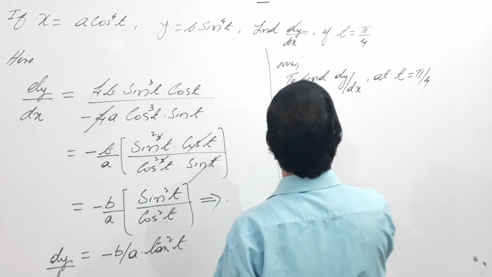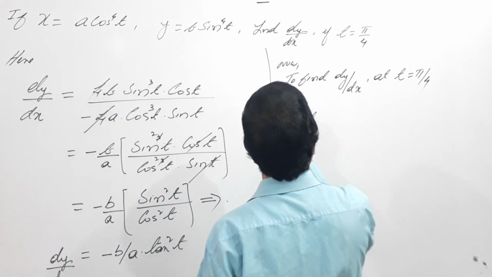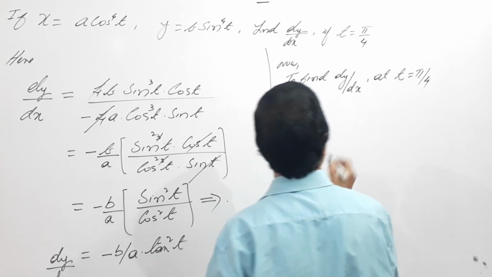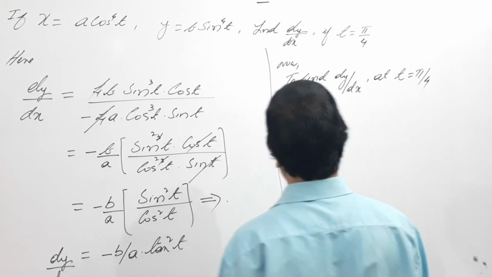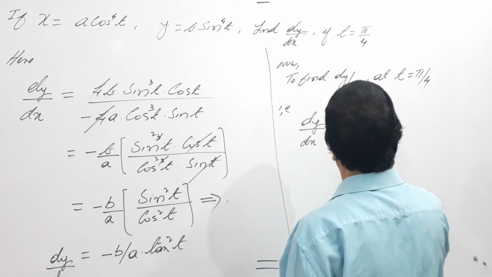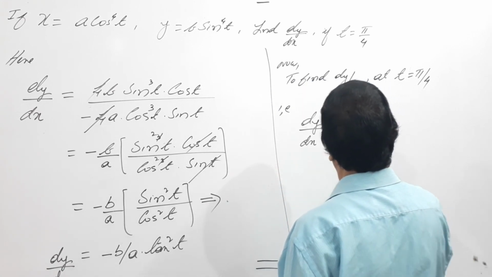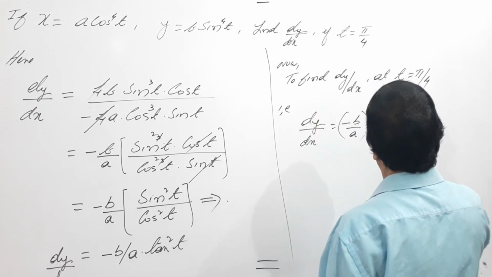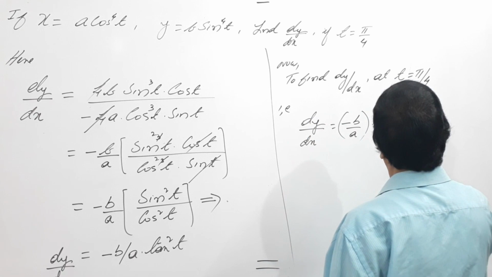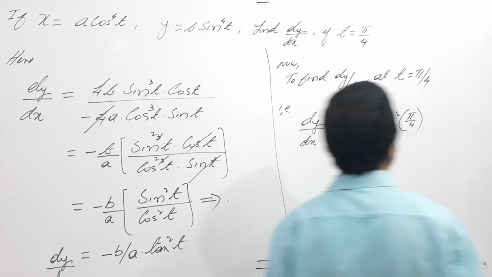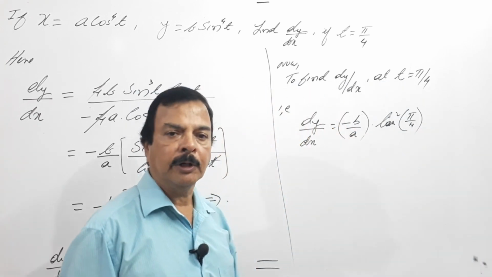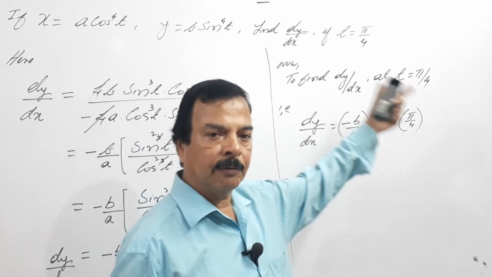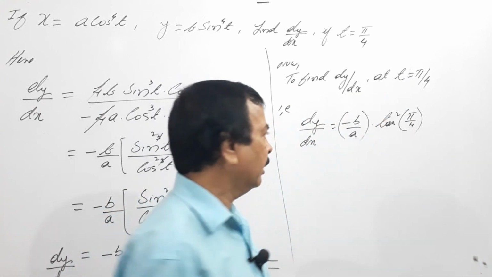What happens? dy by dx equals minus b by a into tan square pi by 4. What is tan pi by 4? Tan 45 is 1. So whether it is tan 45 or tan square 45, the square of 1 is 1.